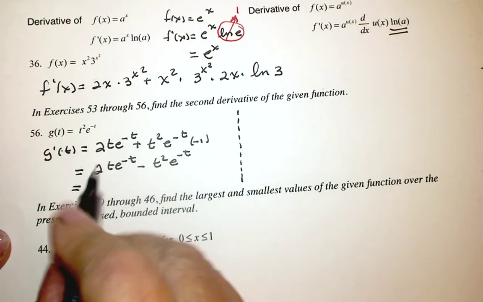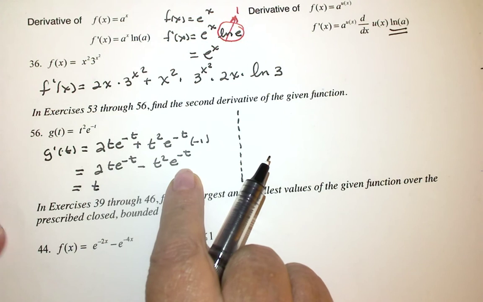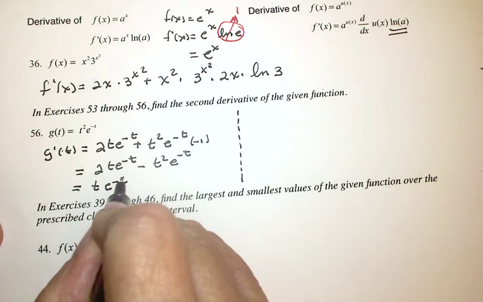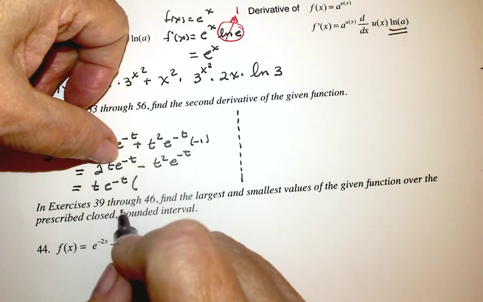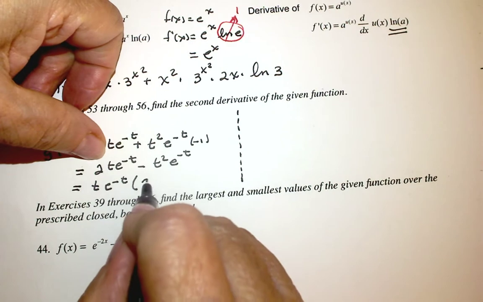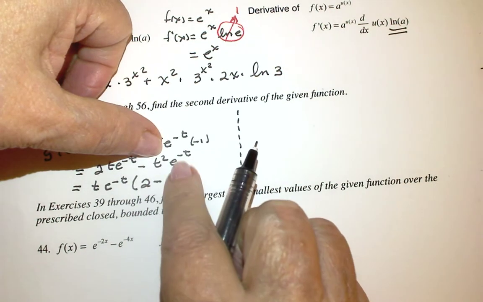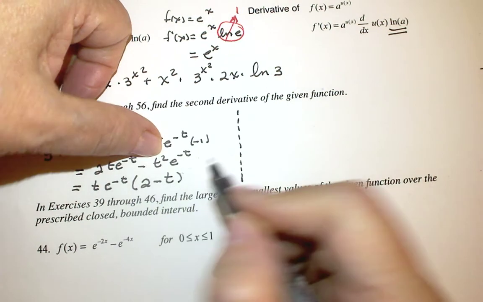Greatest common factor of a t, greatest common factor of an e to the minus t. I'm taking the t and the e to the minus t, I get 2. I'm taking a t and an e to the minus t, that gives me a t.